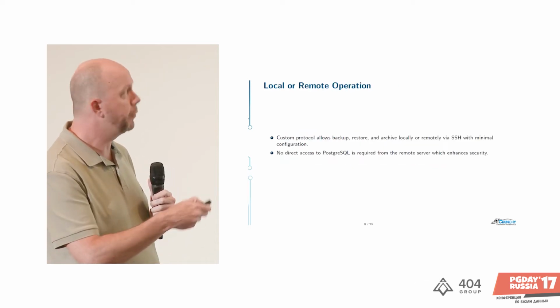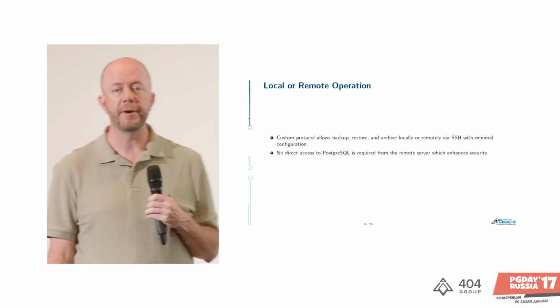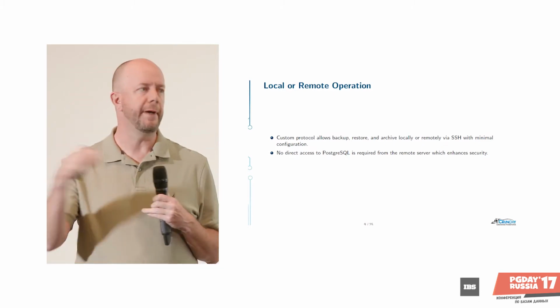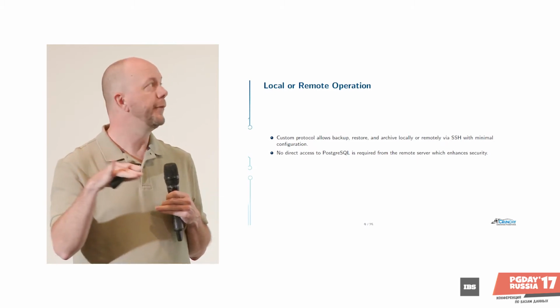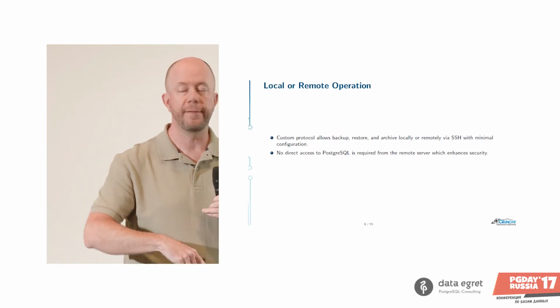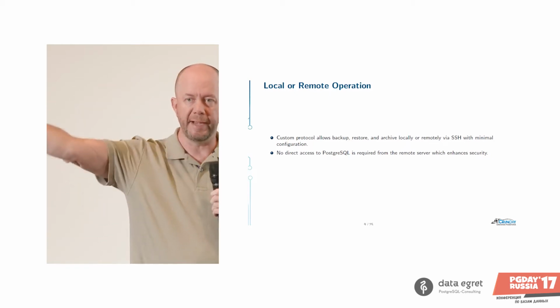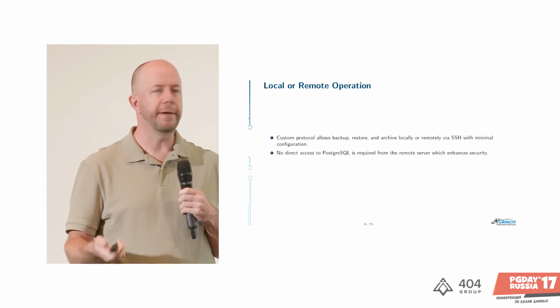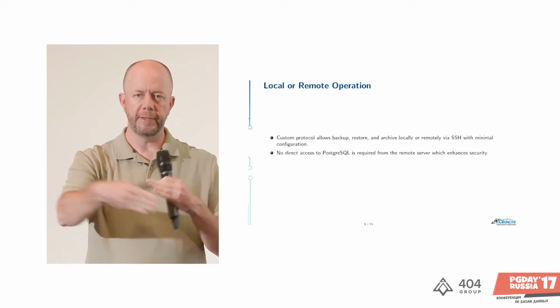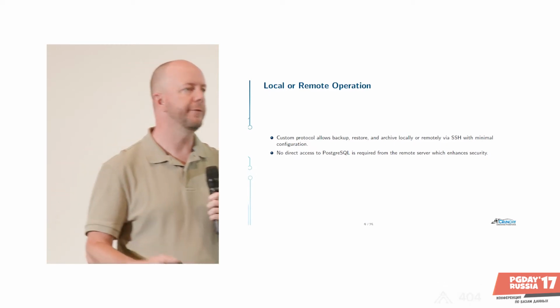So this is extremely important: we support local and remote operations. You might be backing up to NFS, which we would consider to be a local operation. In some cases, people back up locally and then have a backup server pull those backups off and move them away. You might have your own backup server running a backrest process where you centralize all of your backup scheduling.